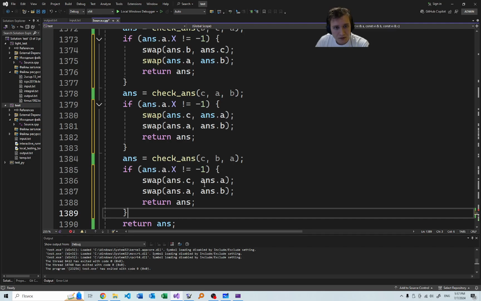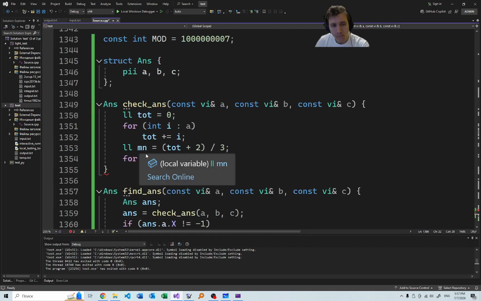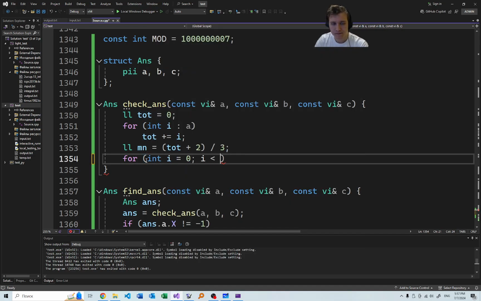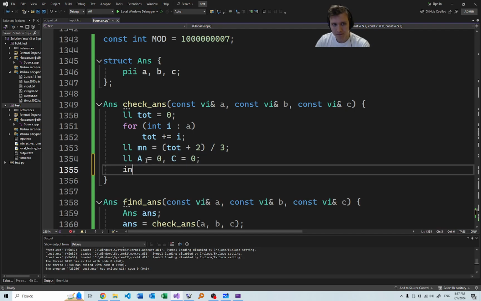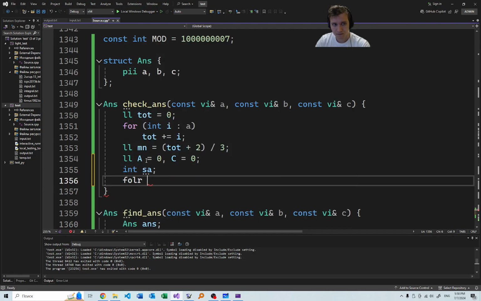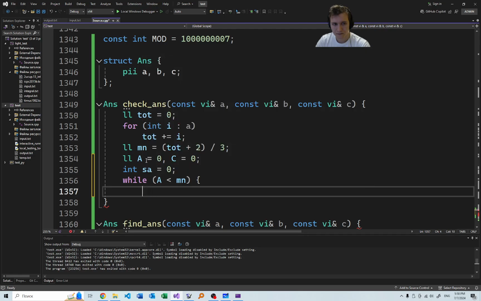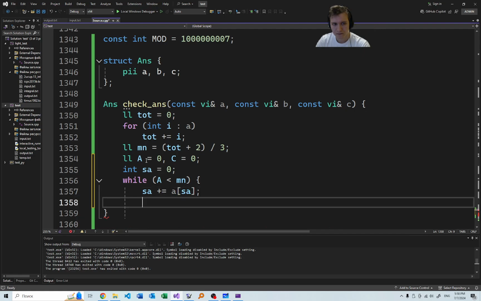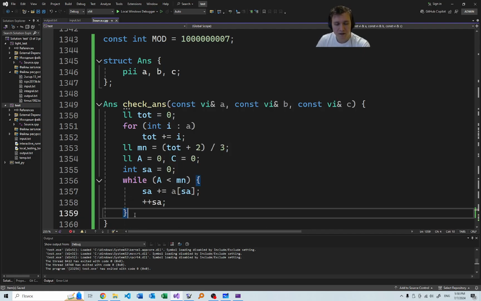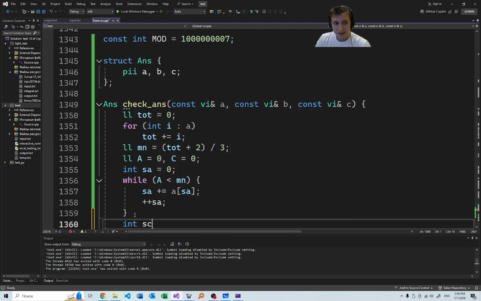Here I need to swap A and C. Okay, the same thing for SC.